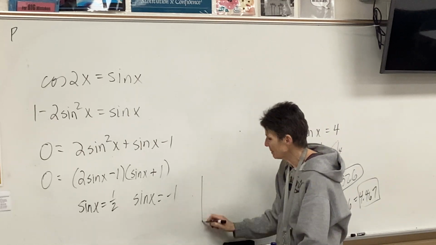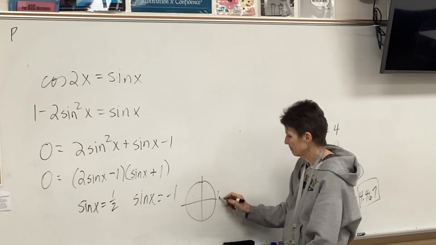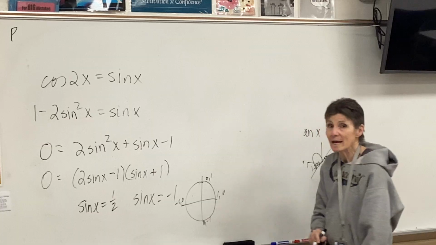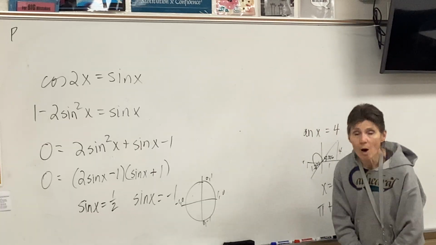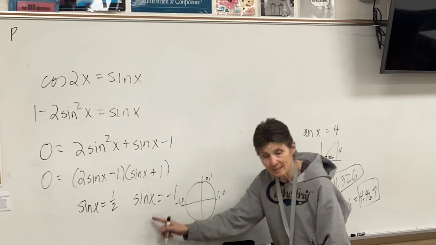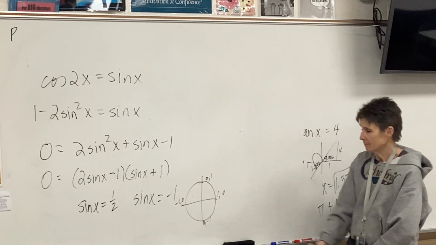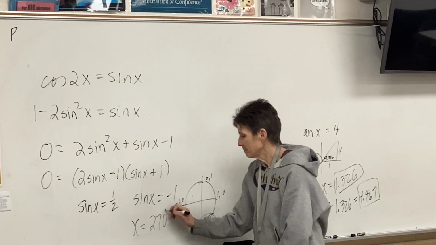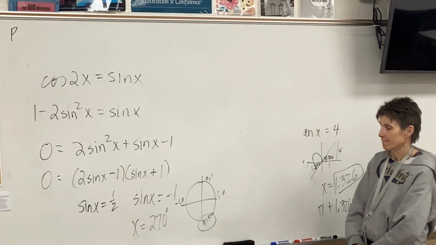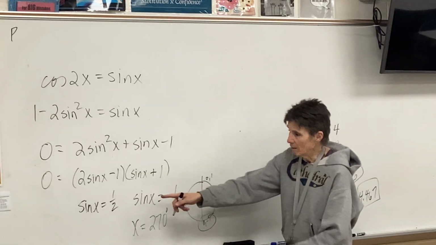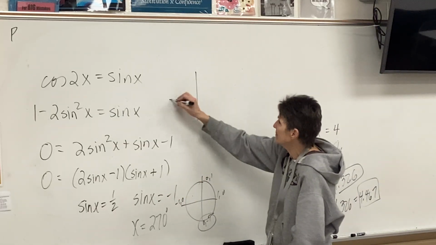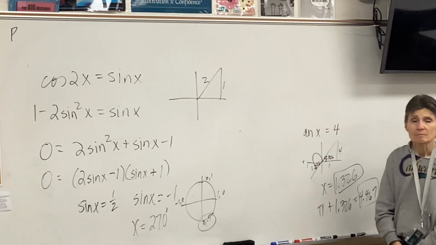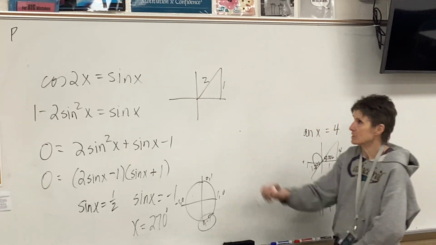For this one, I'm going to look at my circle. Where does y, which is sine, equal -1? What angle is that? 270. Now, where does sine equal 1/2? Opposite over hypotenuse.